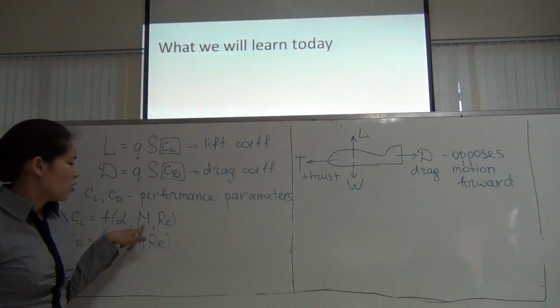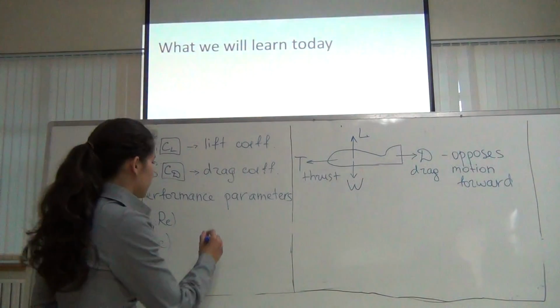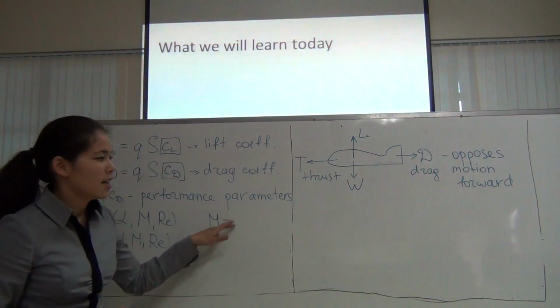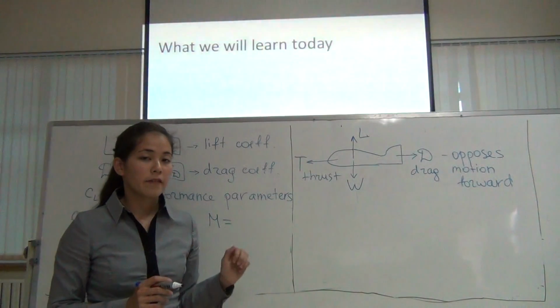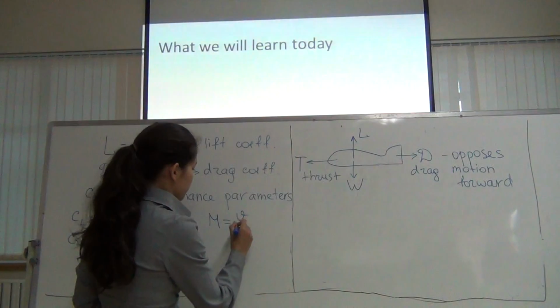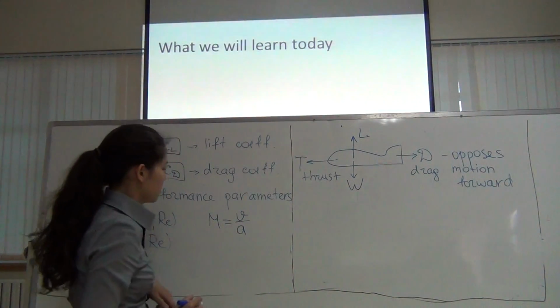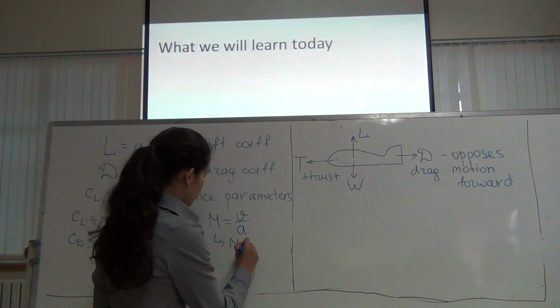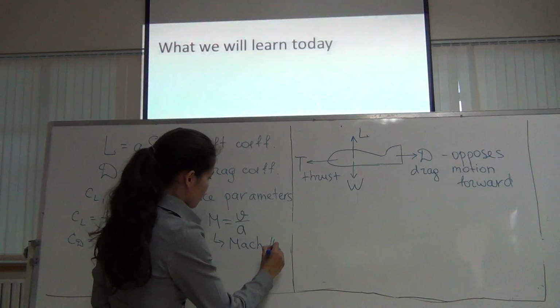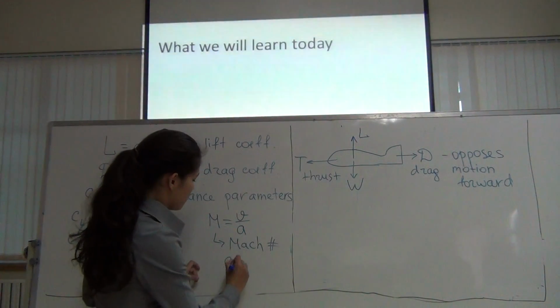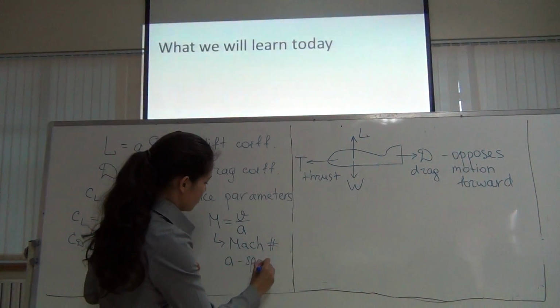But let's see what Mach number is. Mach number is the ratio of the speed of the flow to the speed of sound. Let's define it here as velocity over a. So this is Mach number, and a is speed of sound.